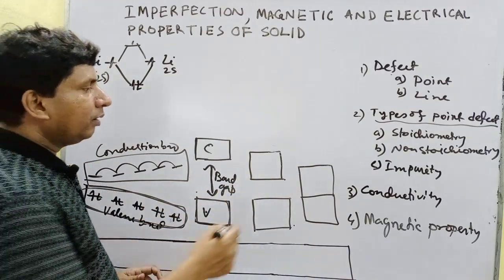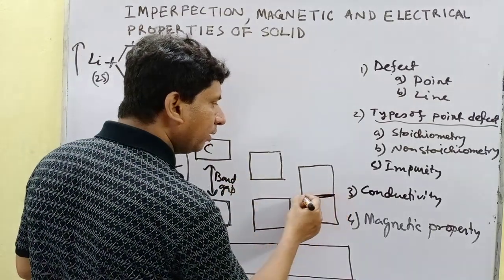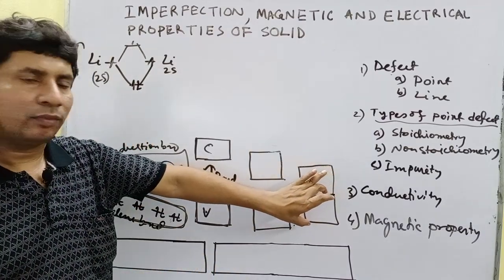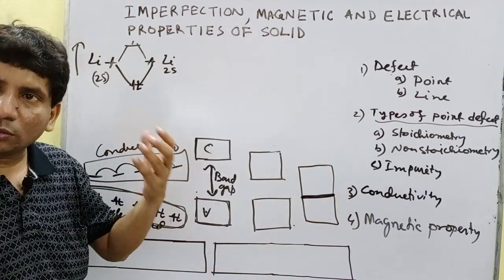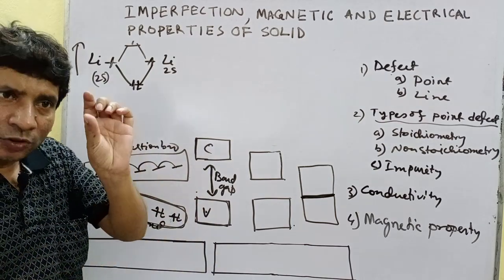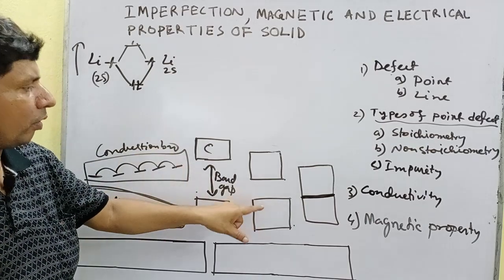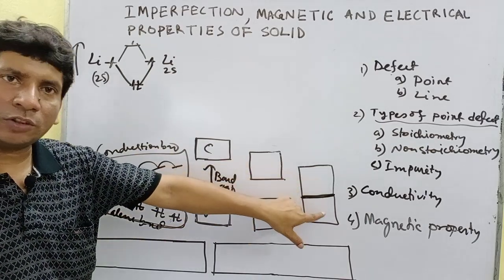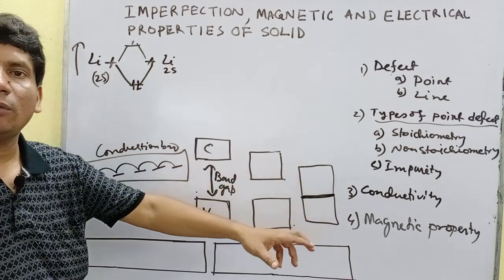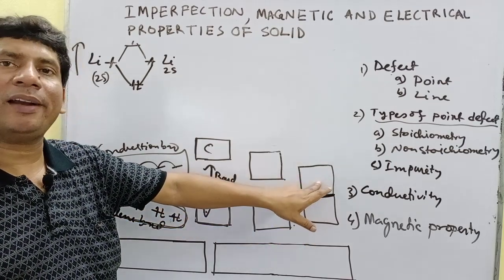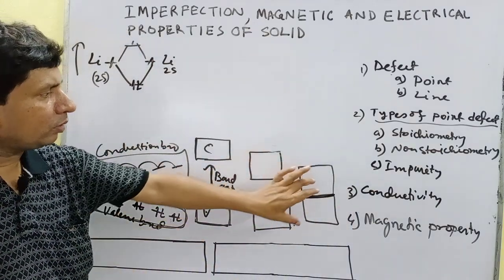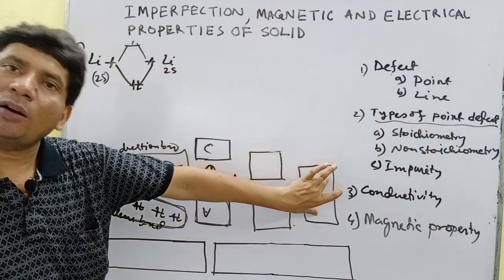And if the two bands are very close to each other, that means there is no gap or a very small gap between the conduction band and valence band, then electrons can readily move from valence band to conduction band and conduct electricity. So this is a pure conductor.